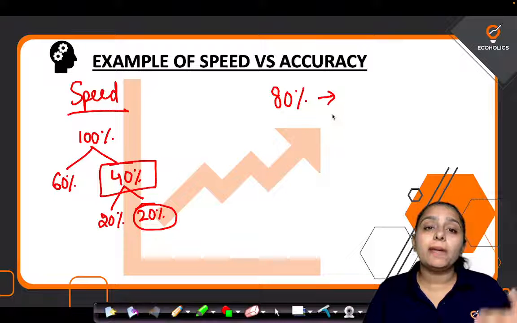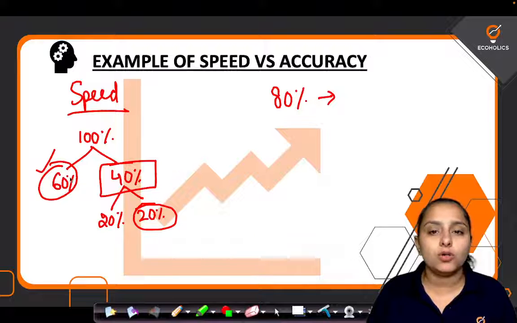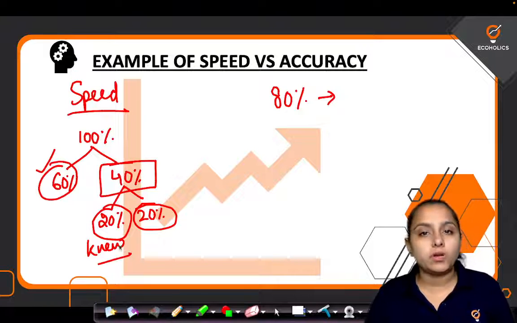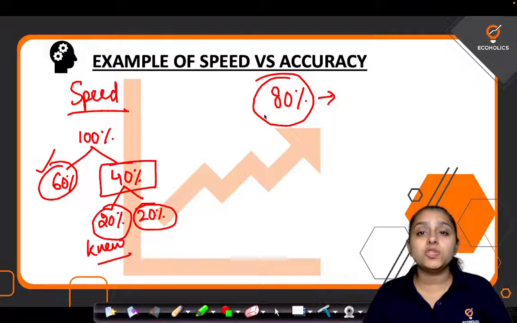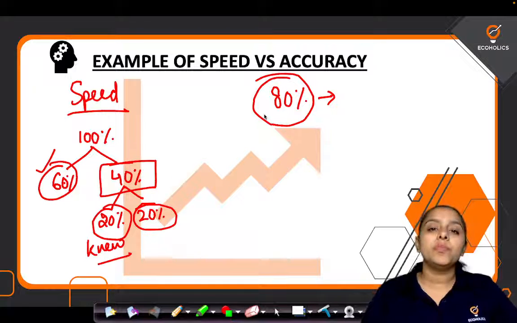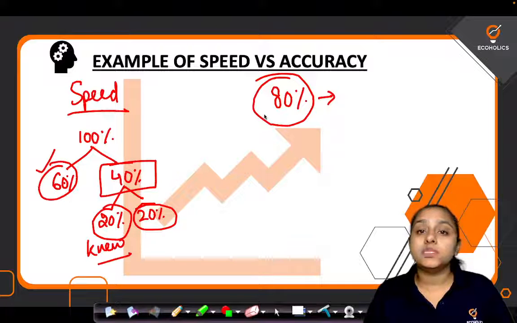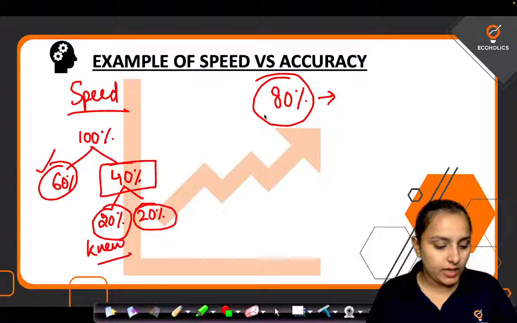Instead of attempting 100%, even if you attempt 80%, 60% is right here also, and the 20% you knew but opted for wrong answers because of hurry. So 60 and 20% makes up 80%. If you choose accuracy over speed, 80% will be correct. And with speed, even if you knew some questions, they were going wrong anyway. So this problem happens the most, right?